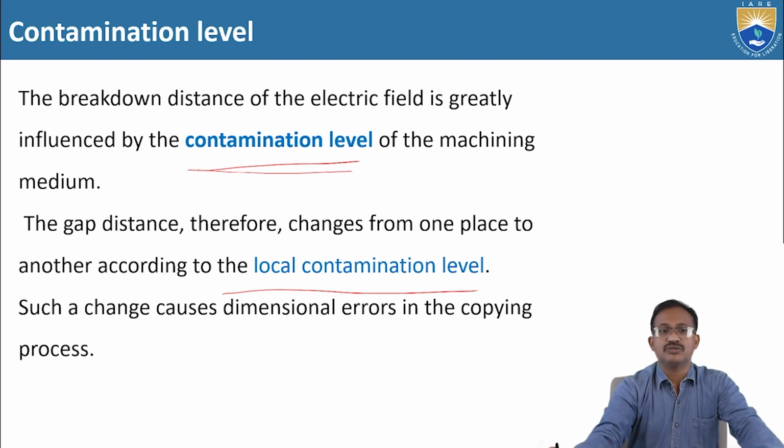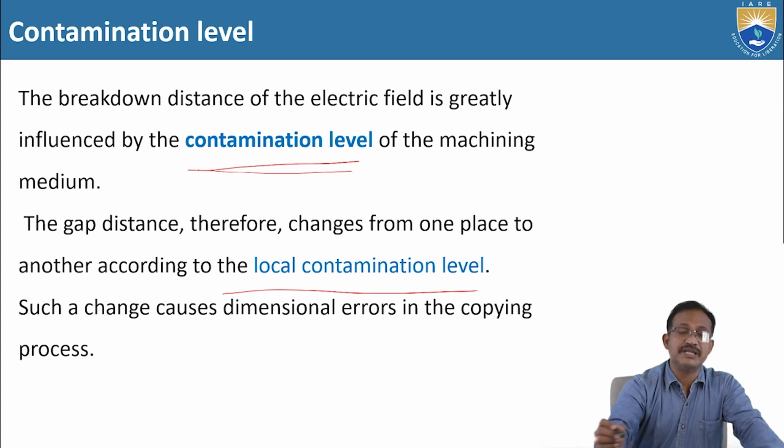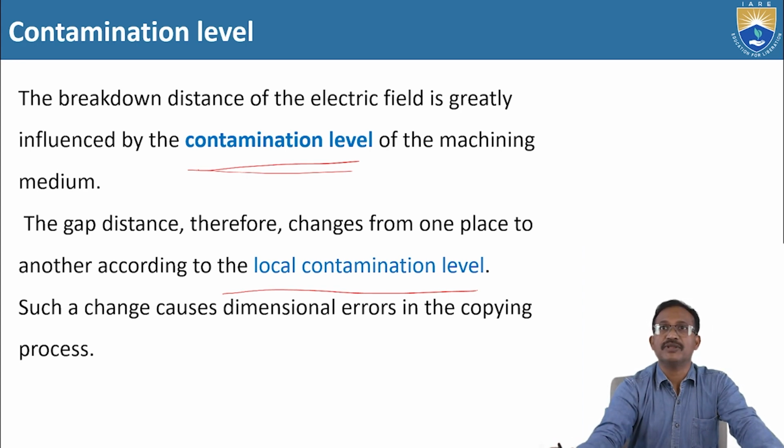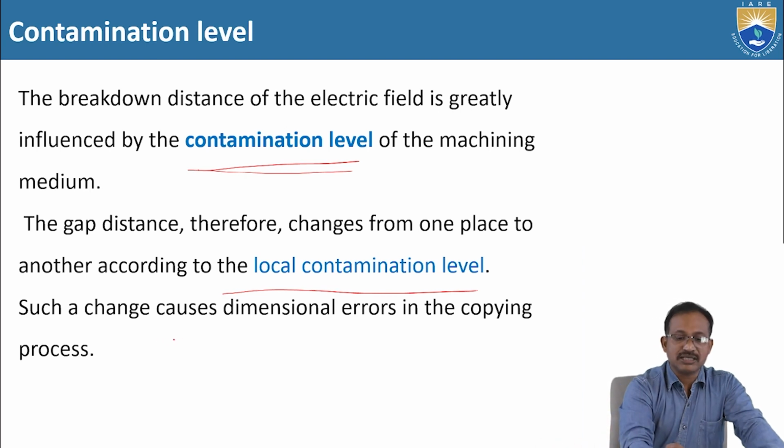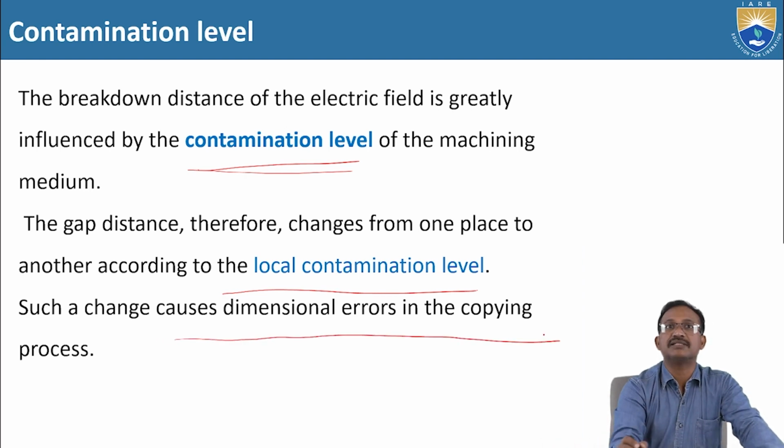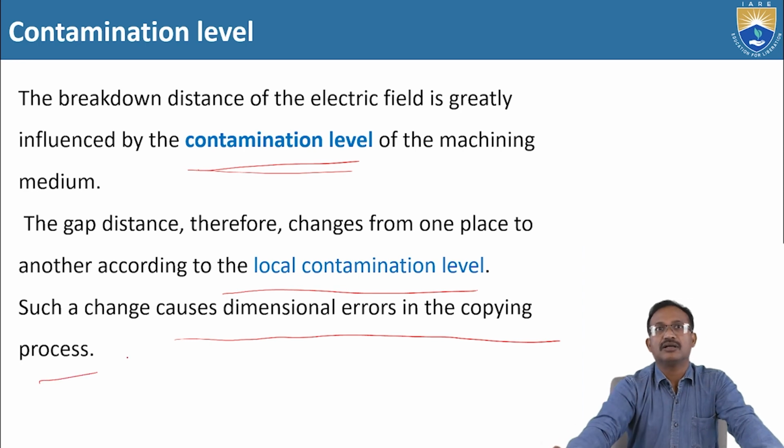Because of this contamination, what will happen? The gap distance changes from one place to another. Such a change causes dimensional errors in the copying process. Because of the debris, the dielectric fluid medium will be contaminated.